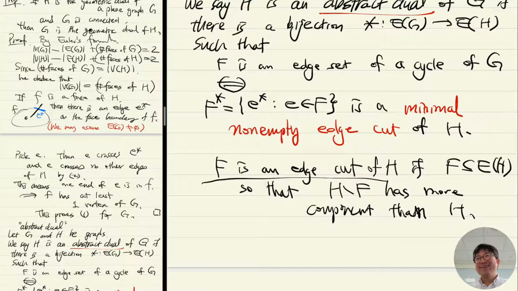Now, why do we care? By the way, what is a minimal non-empty edge cut? It's a minimal set which has the property that it is a non-empty edge cut. It's a bit weird. Why do I say non-empty if I define edge cut like this?